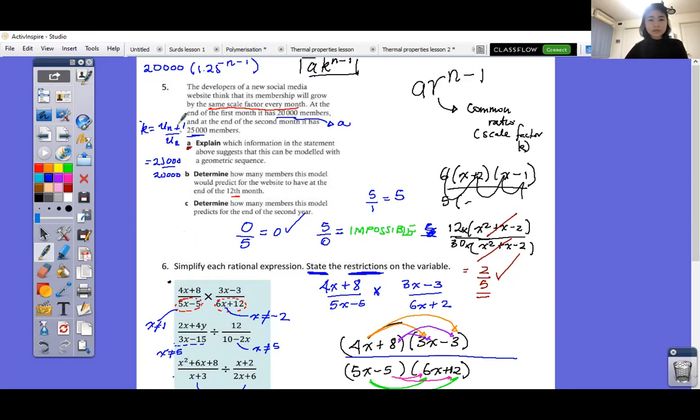So now you can use this, because this is now for our general term, the nth term. You can use that to work out how many members the model would predict to have at the end of the 12th month, where now your n would be 12.